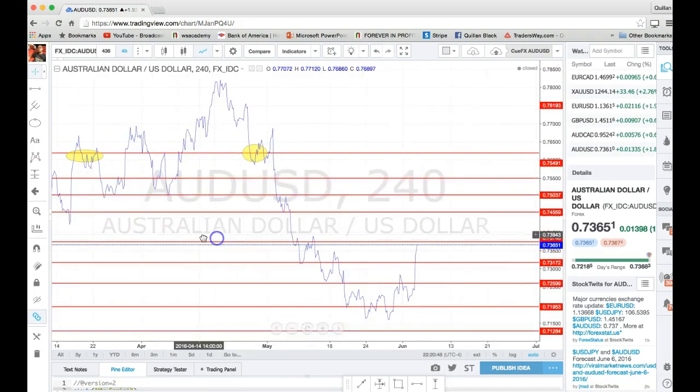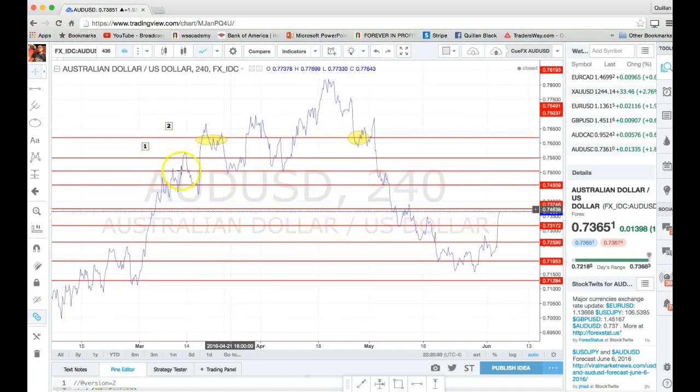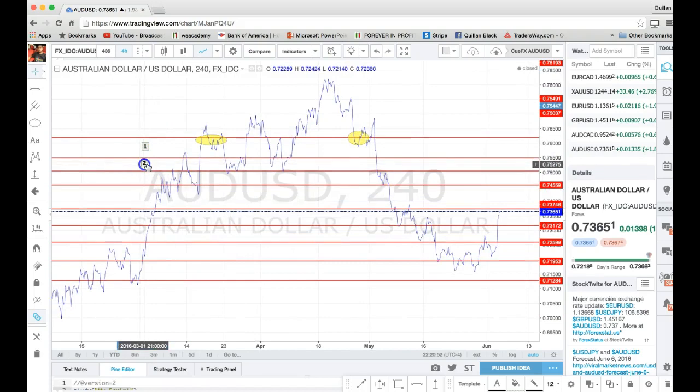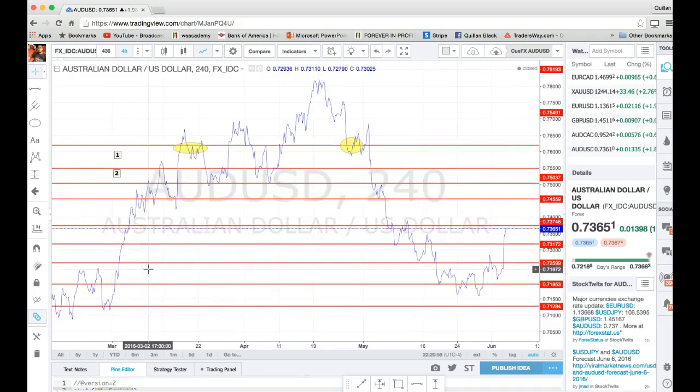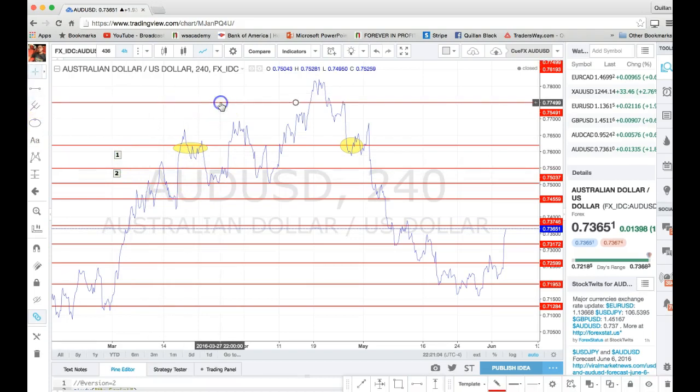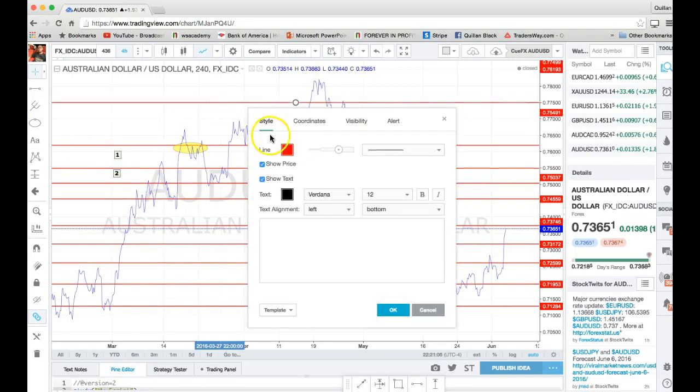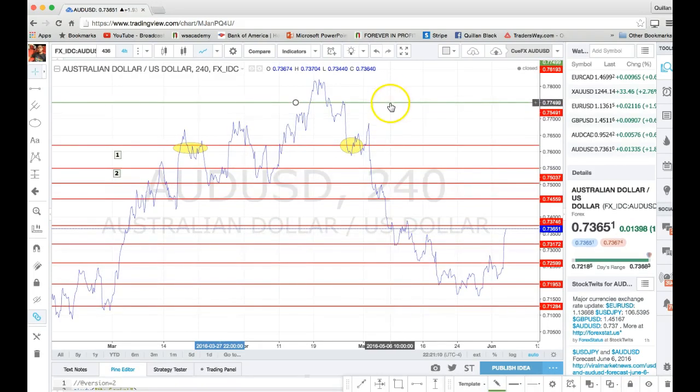This right here is zone 2, and so on. Zone 1, zone 2, zone 3, zone 4, zone 5, zone 6, zone 7, zone 8. Okay? So in these zones, I'll be finding 1, 2, max 3 H4 support and resistance levels off these areas right here.